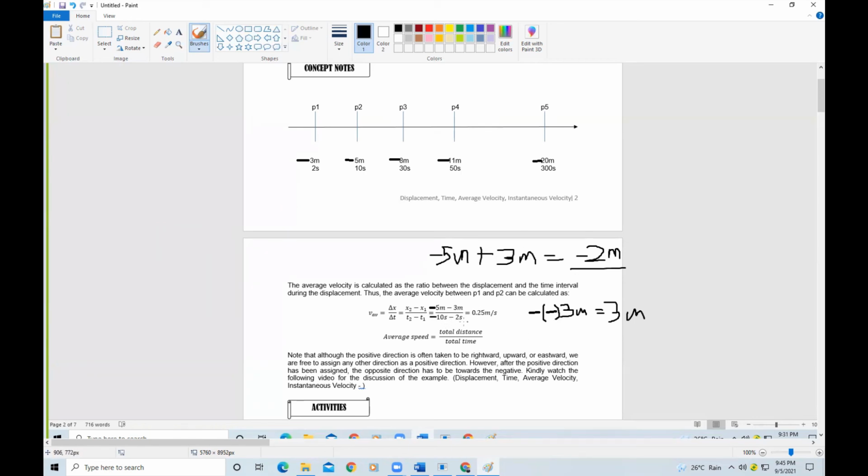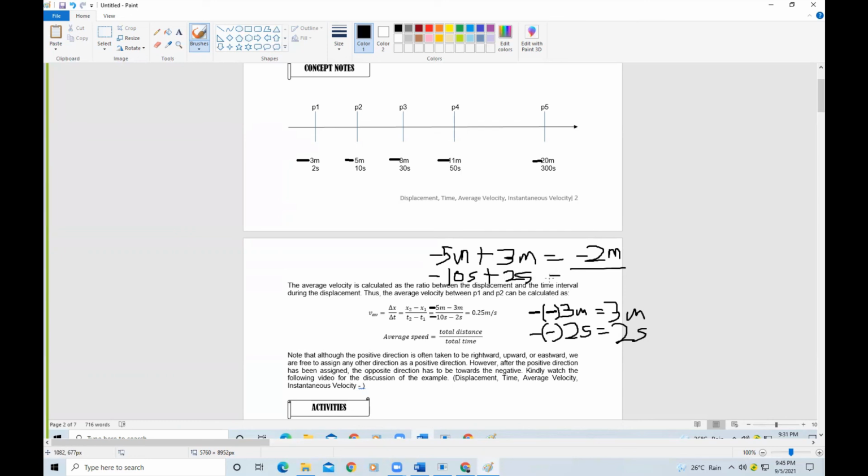Then we do the same at the bottom as we did at the top. So negative 10 seconds minus negative 2 seconds is equal to positive 2 seconds, since we changed the direction of the 2 seconds.